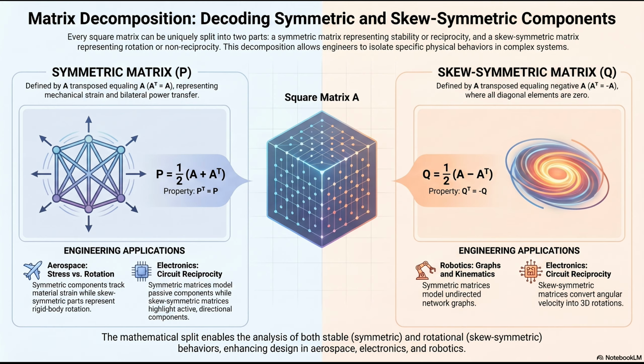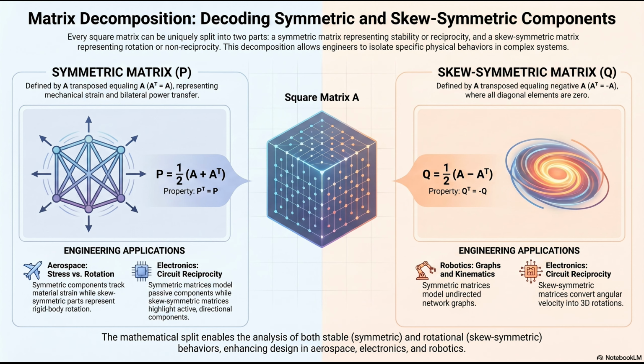And geometrically, the cross-product operation can be perfectly rewritten as multiplying the position vector by a skew-symmetric matrix. Wait, really? So the computer basically takes this simple vector, the little arrow, and mathematically expands it into a full skew-symmetric matrix. Yes. But why does it absolutely have to be a skew-symmetric matrix? Like, why not any other kind of matrix?